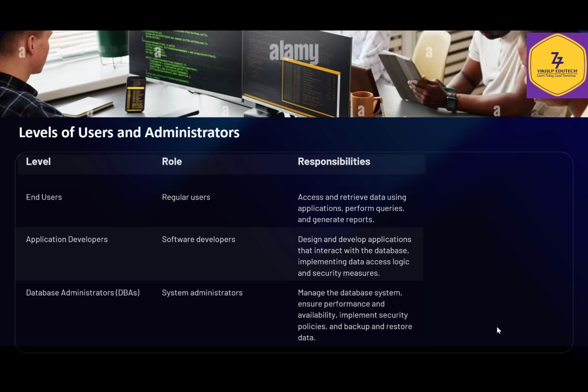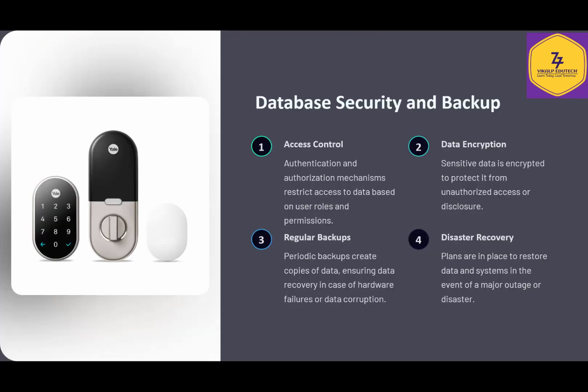App developers or software developers design and develop applications that interact with the database, implementing data access logic and security measures. On the other hand, database administrators manage the database system, ensure performance and availability, implement security policies, and back up and restore data.